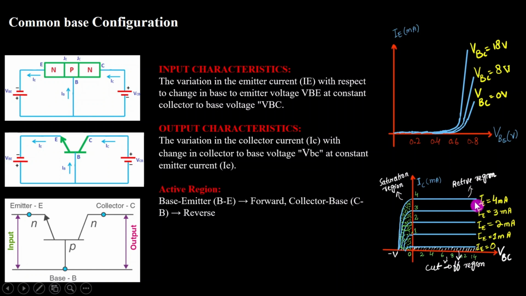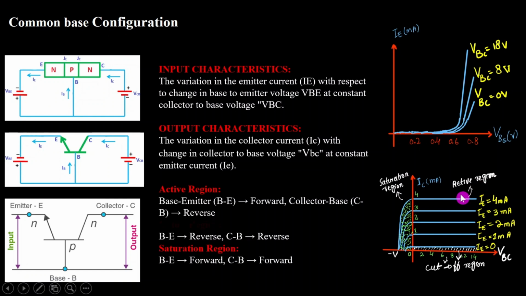So in the active region, as I have discussed, the base to emitter junction will be forward biased, and the collector to base junction will be reverse biased. And this region of the graph we call the active region.